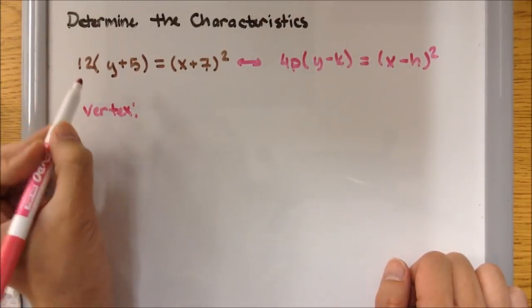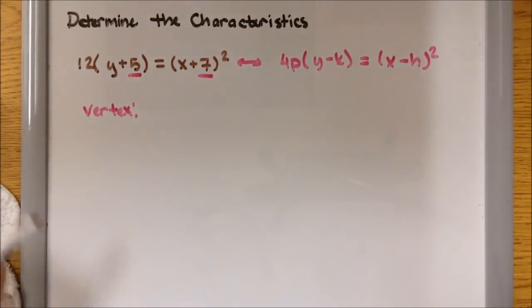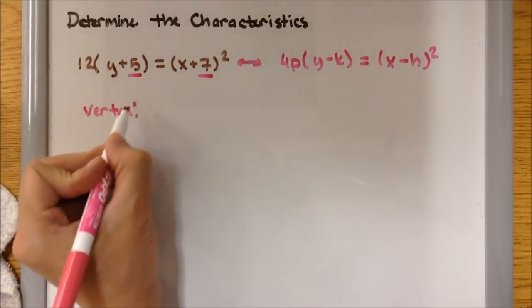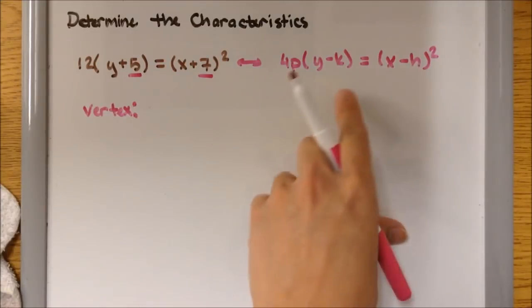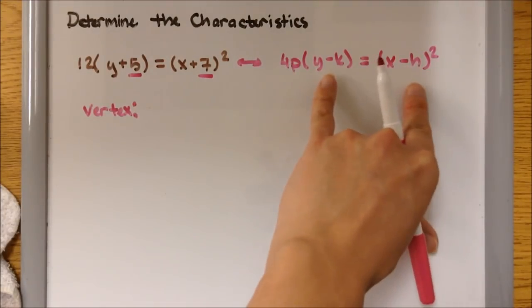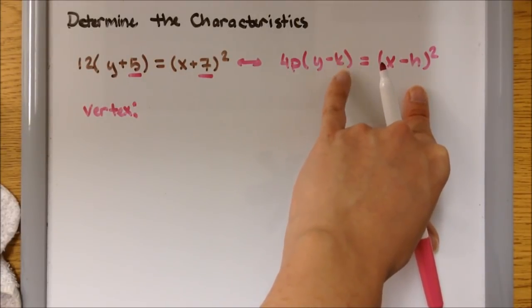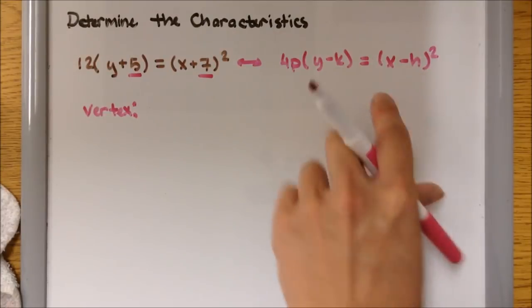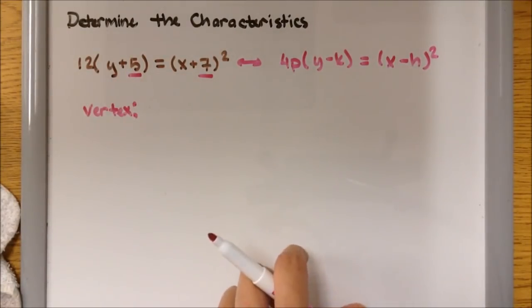The vertex is given by the numbers next to x and y. Bear in mind, the vertex will always have the opposite sign. The standard equation of a parabola has a minus h and a minus k, but in this example, it's plus.